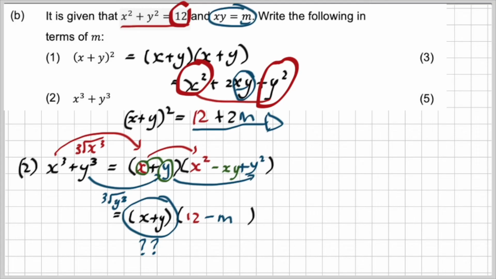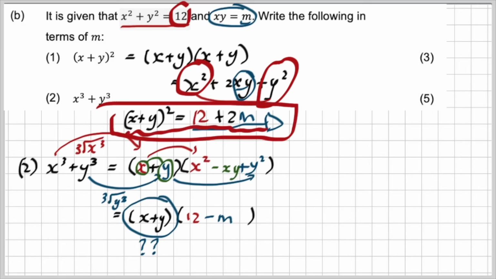Yes. Look, remember, when we did B1, I told you that X plus Y squared is equal to 12 plus 2M. So maybe I can actually just take a square root on both sides. Let me just write this nicer. I took a square root on both sides, and I've got X plus Y equal to plus or minus the root of 12 plus 2M. Now, why do I say plus or minus? Well, it's because it is a square.